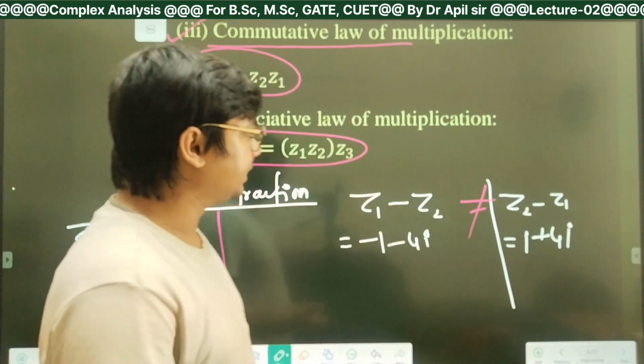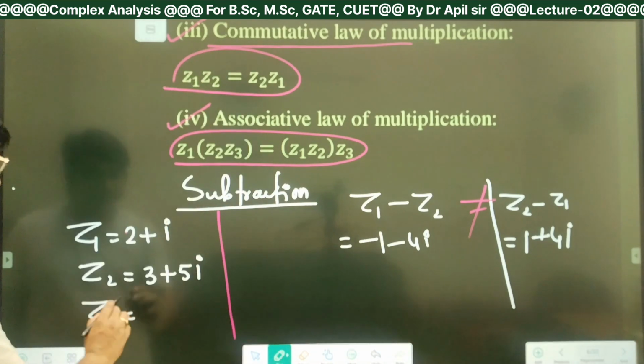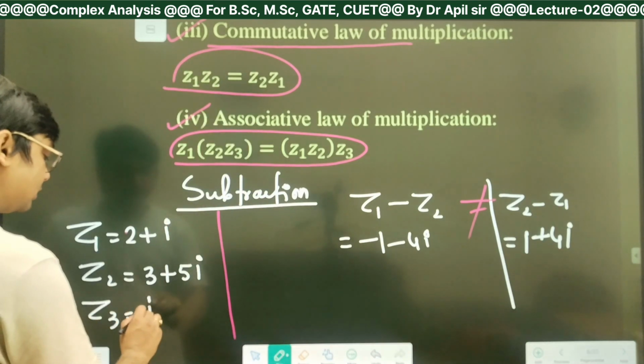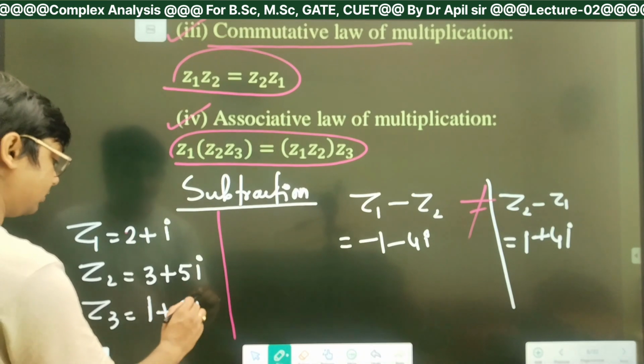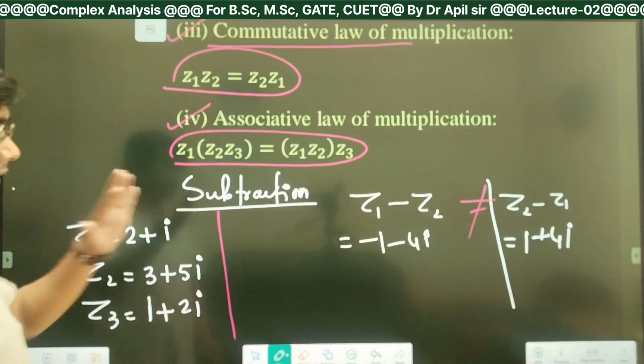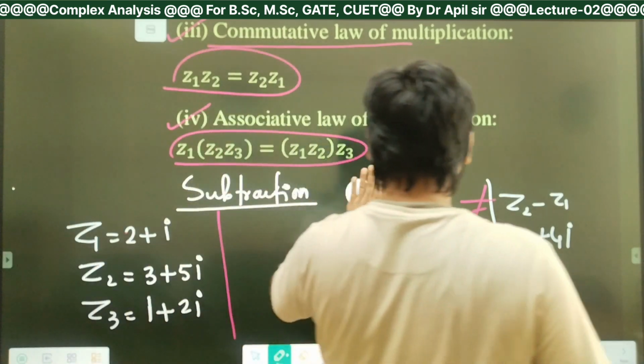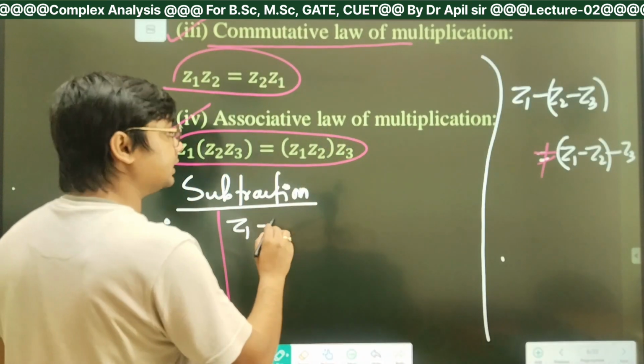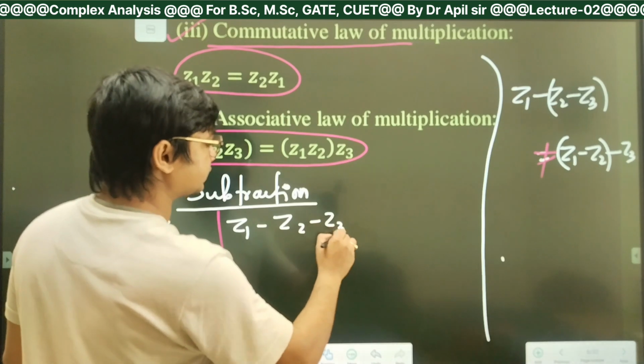So you can easily verify with values here. Suppose Z3 is 1 plus 2i. Okay, we consider these three complex numbers here. In case of associativity, what will be Z1 minus (Z2 minus Z3)?